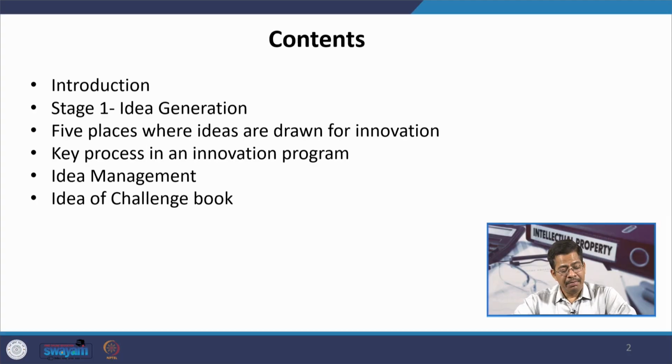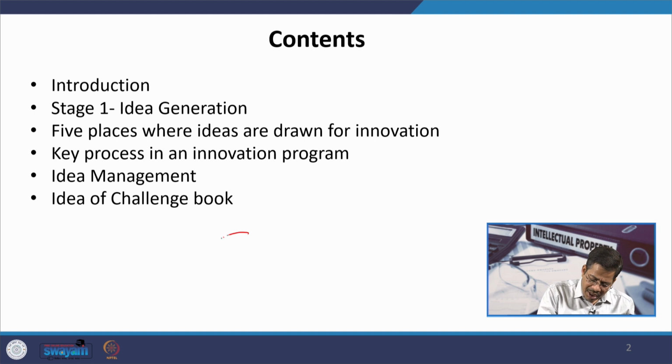Therefore, in this particular session we are going to discuss the process, sources, and important characteristics of generating ideas. Because if you generate the idea, I consider it 50% success of your IP portfolio.